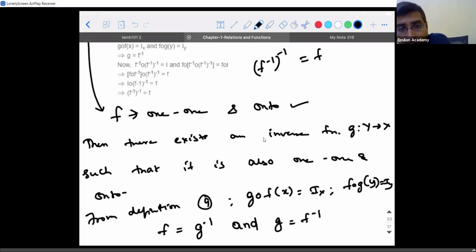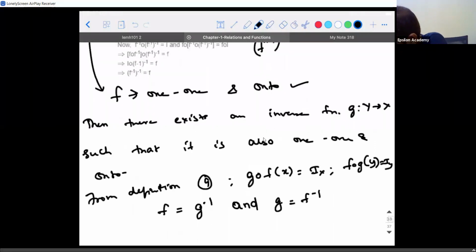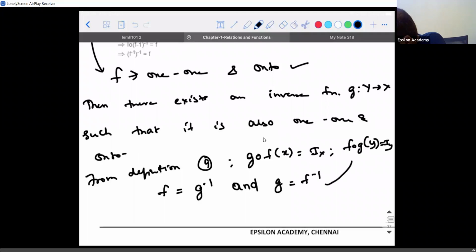So how do we arrive at that step? That's what we are thinking about, right? So they told G inverse, G is equal to F inverse. If that is the case, if I substitute it here, F circle F inverse is going to give me what?